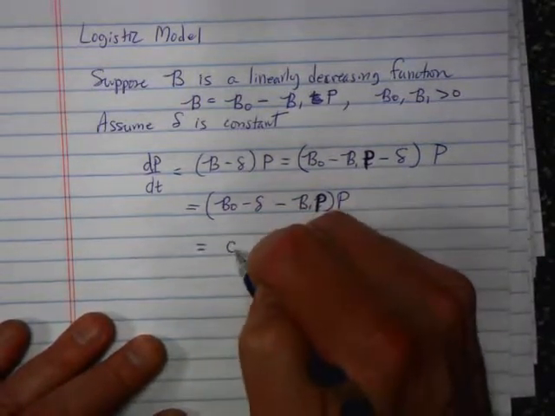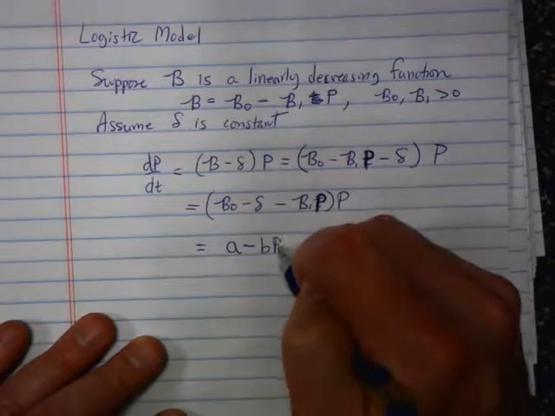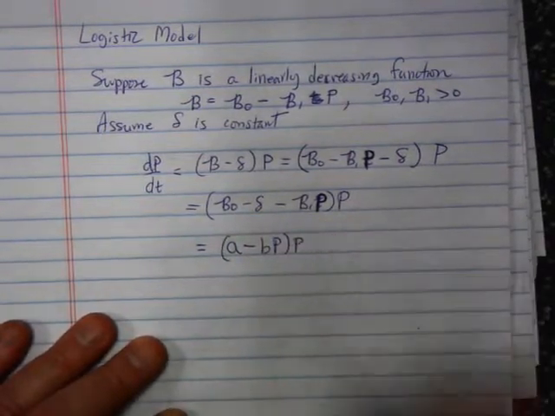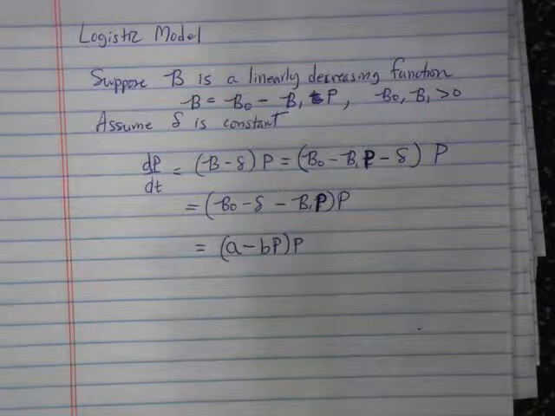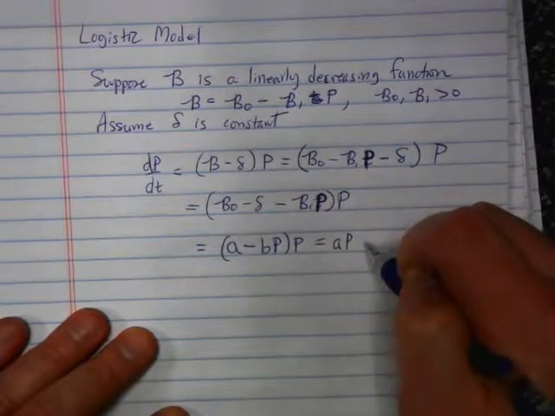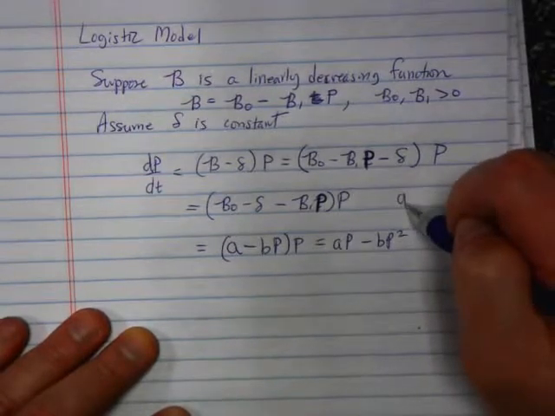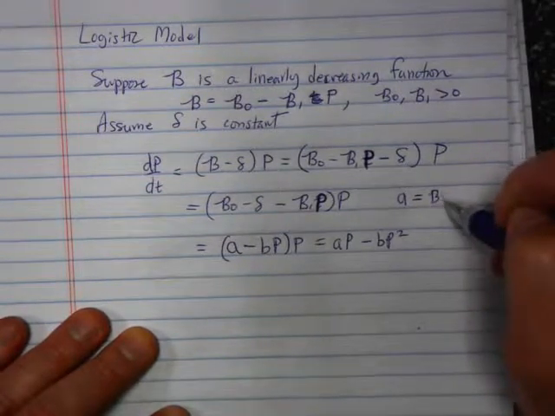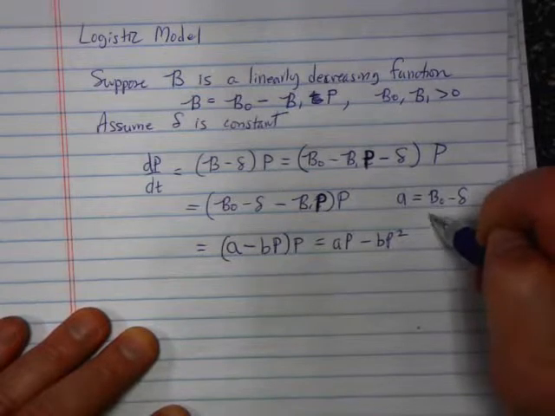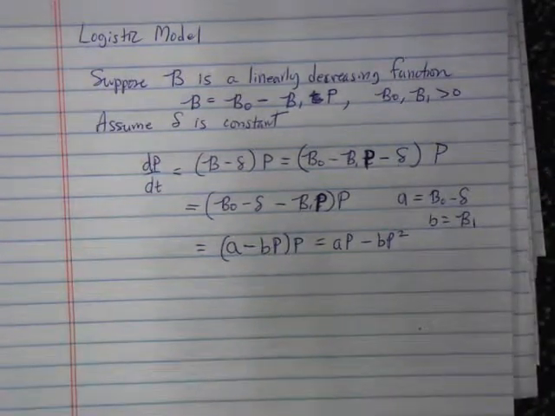I'm going to call this A minus BP, times P. Which is AP minus BP squared, where A is beta 0 minus delta, and B is beta 1. All right, so we got lots and lots of letters in this example.